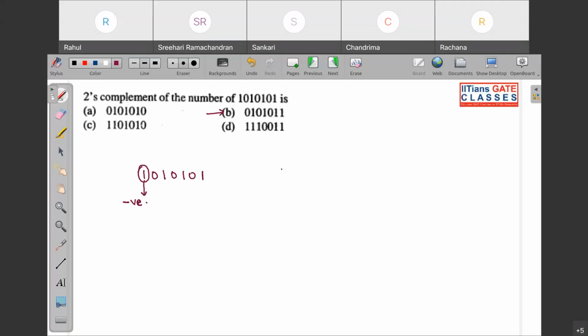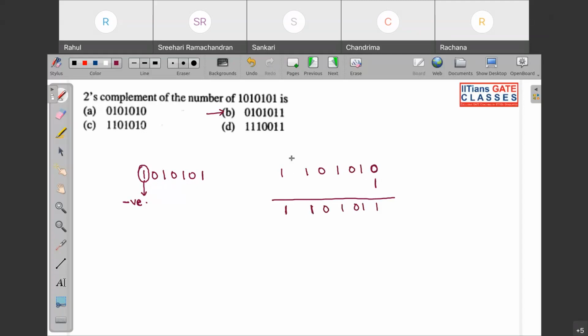So that will be 1 1 0 1 0 1 0. Add 1 over here, so this will be 1 1 0 1 0 1 1.